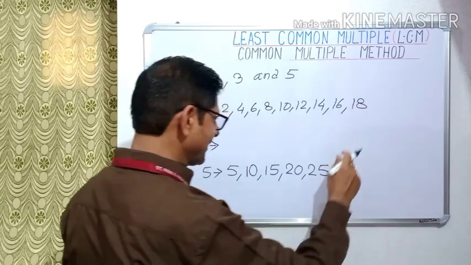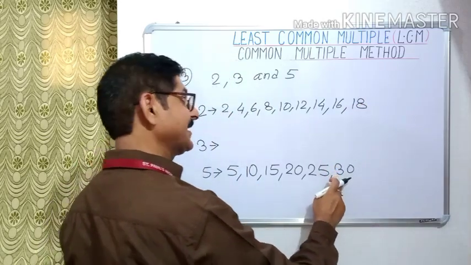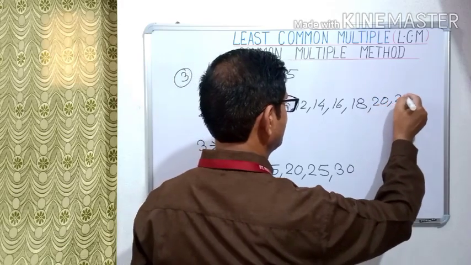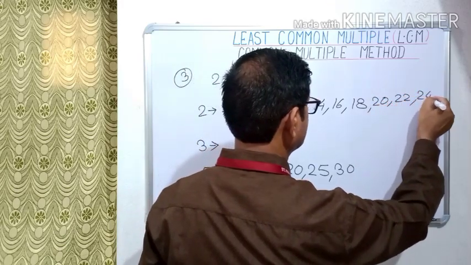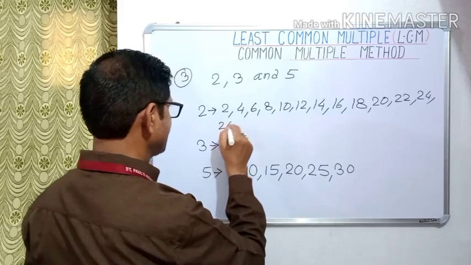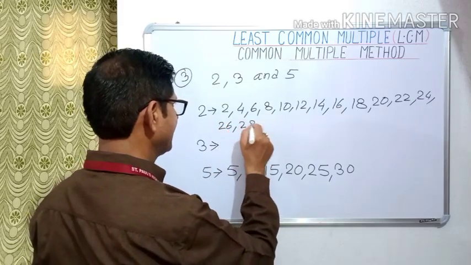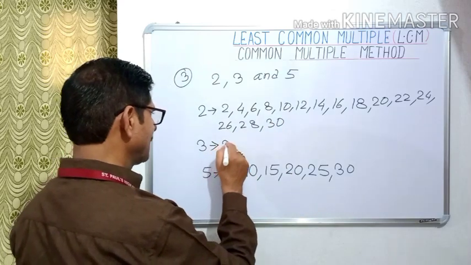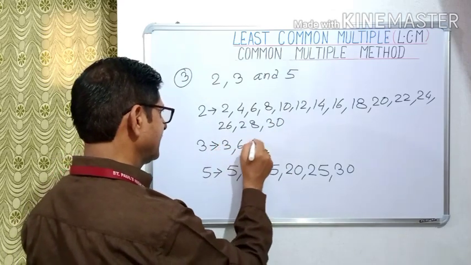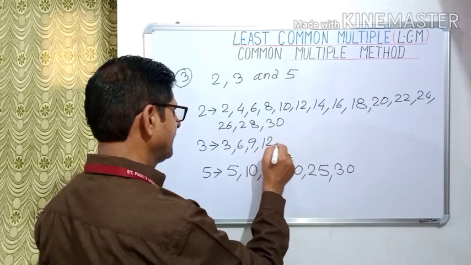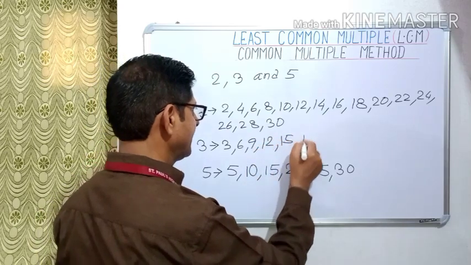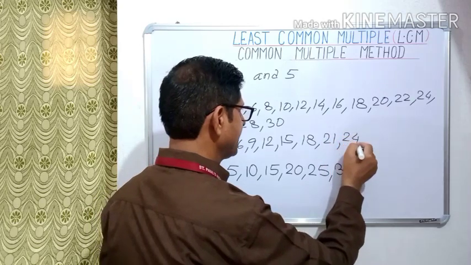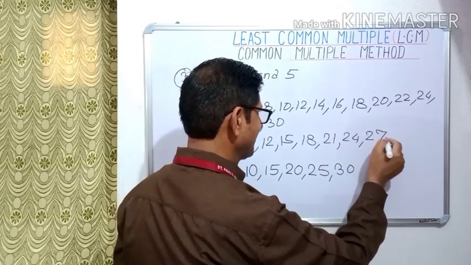You will have to continue writing the multiples up to 30. 20, 22, 24, 26, 28, 30. Now write the multiples of this number. 3, 6, 9, 12, 15, 18, 21, 24, 27 and 30.